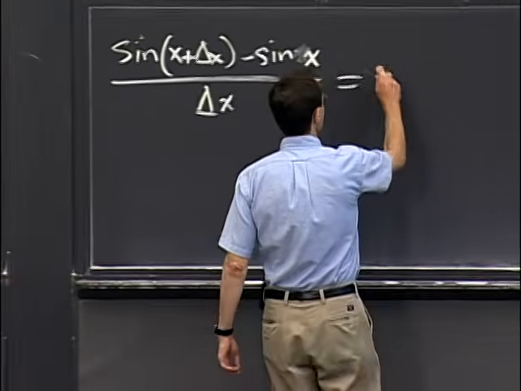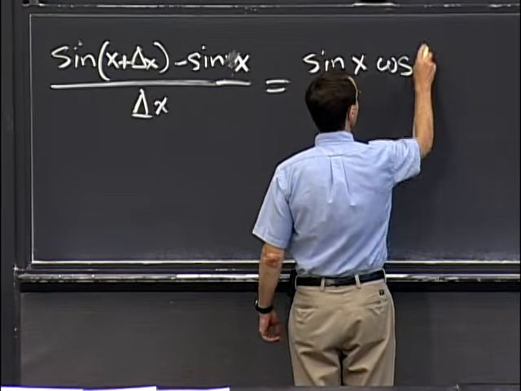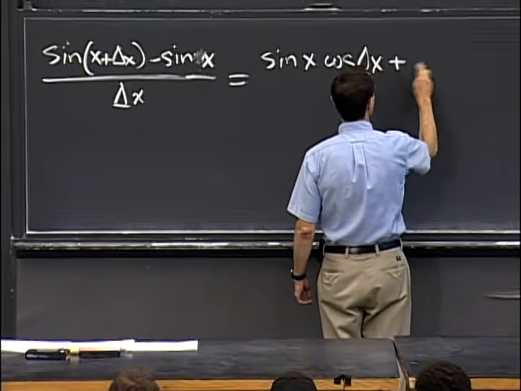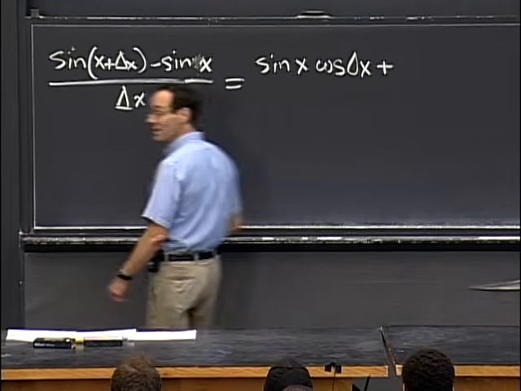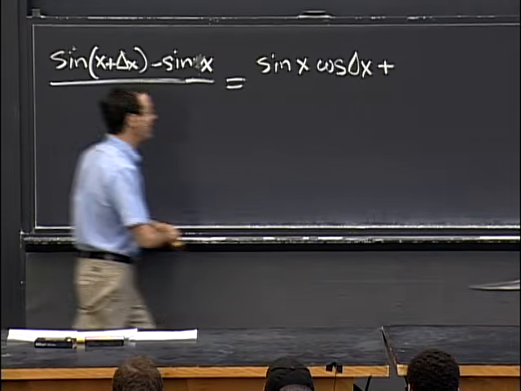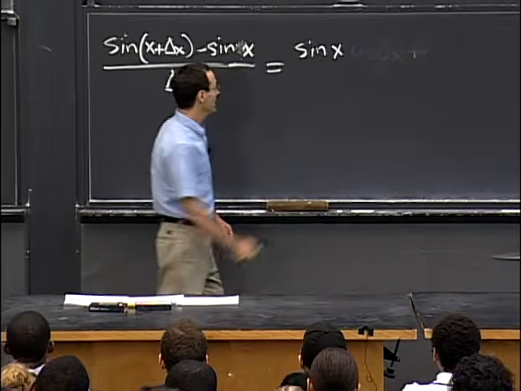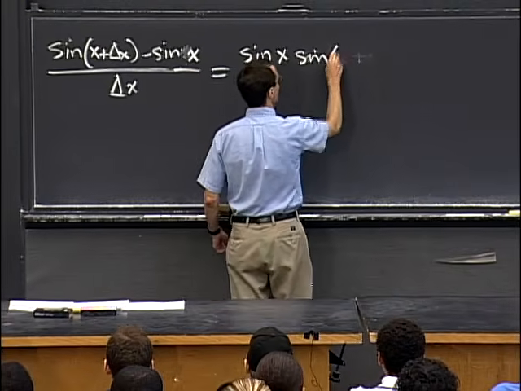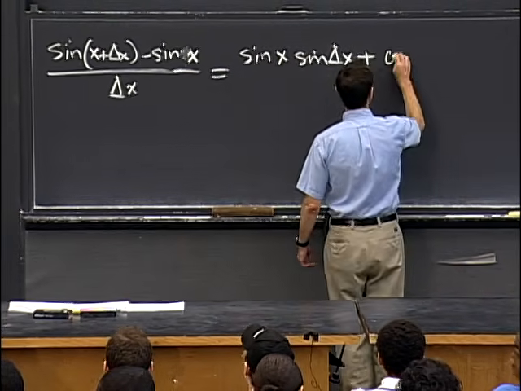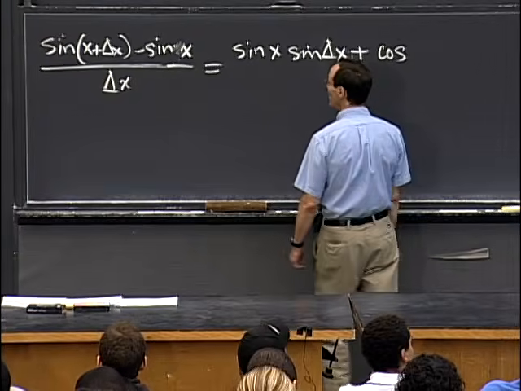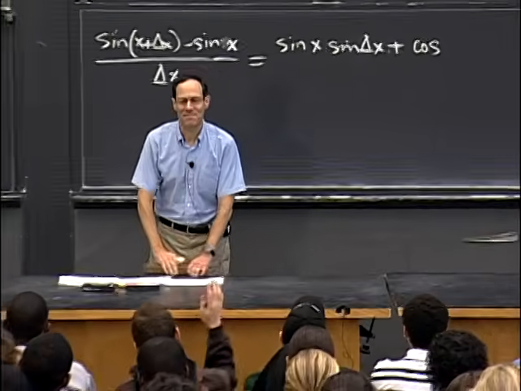So that's sine x cosine delta x plus... oh, that's not what it is, huh? OK. So what is it? Sine x sine delta x? OK, good, you remember. Plus cosine... No? Oh, OK. So which is it?